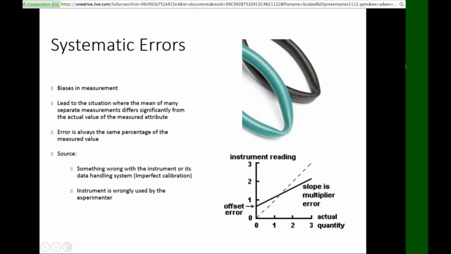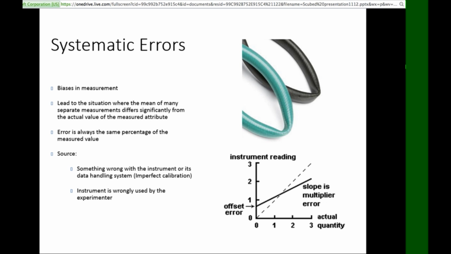There are several ways in which systematic errors can be reduced or at least detected. Firstly, by calibrating the instrument, and secondly, by checking the 0 reading not only at the start of the experiment, but also during the experiment, because this helps to detect drift.